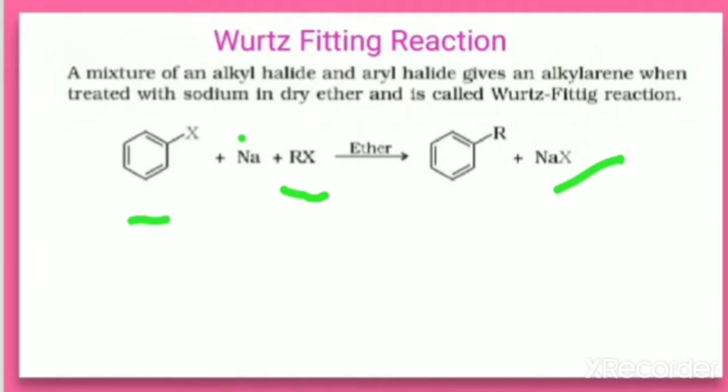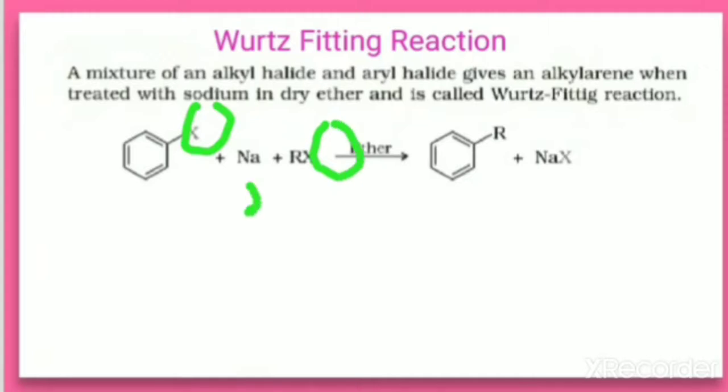How is NaX removed here? When you look at the equation, one X from here and one X from here. So total 2X, and when two sodium metals are taken, we get the product 2NaX formed.